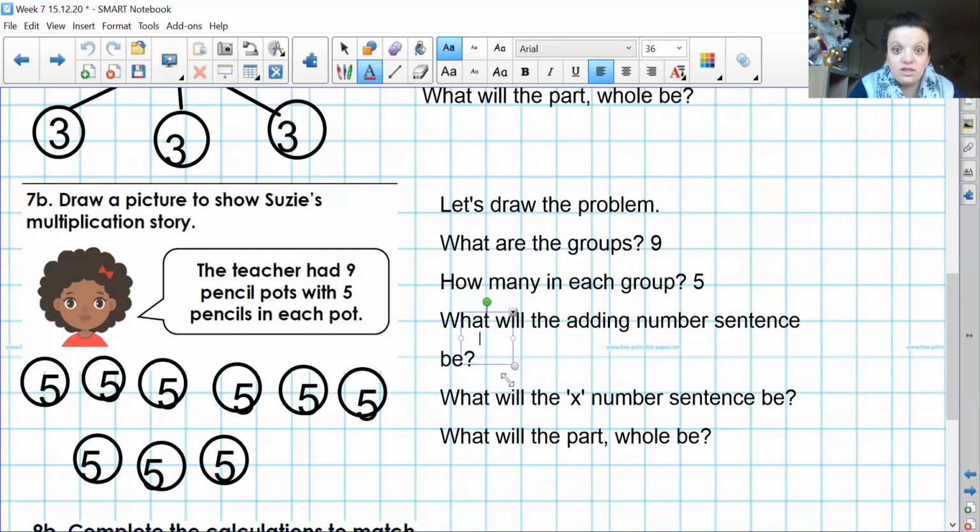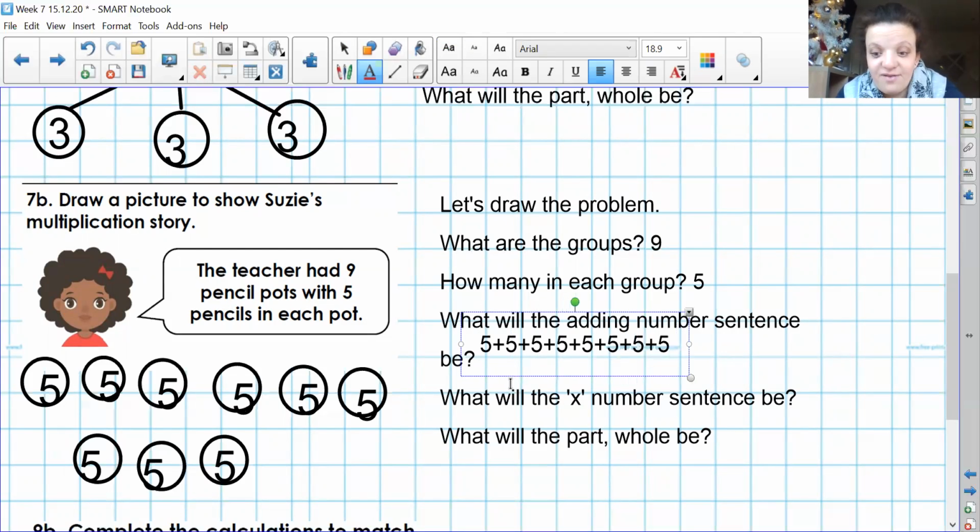So I have got 5, add 5, add 5, add 5, add another 5, 5, add another 5, 6, add another 5, 7, add another 5, 8, add another 5, 9. So I've got my 9 5s here all together to add.